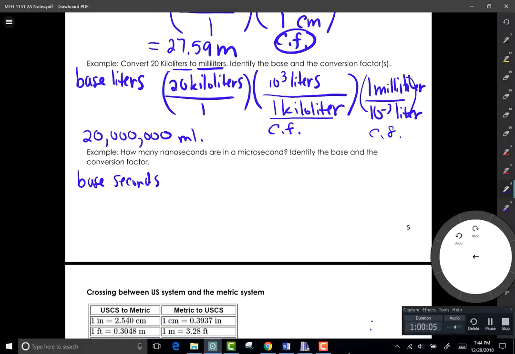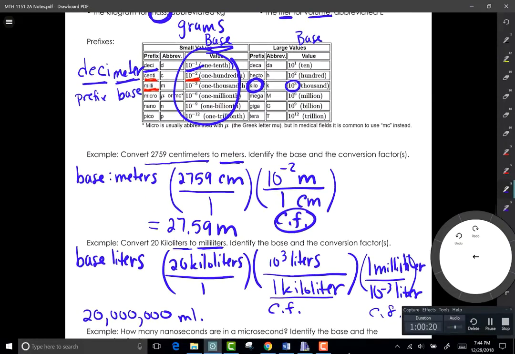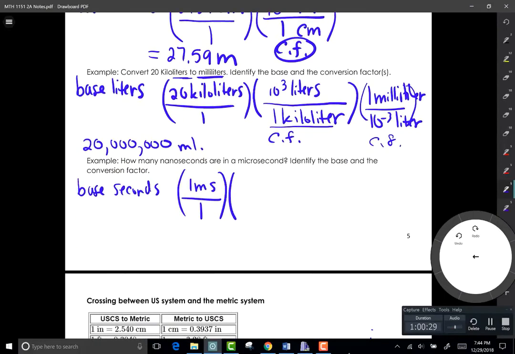So I'm setting up 1 microsecond. Second is the unit. If I come up here and look for micro, 1 microsecond is equal to 10 to the negative 6 seconds.